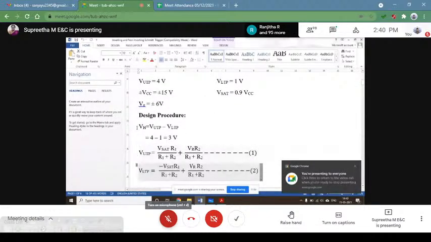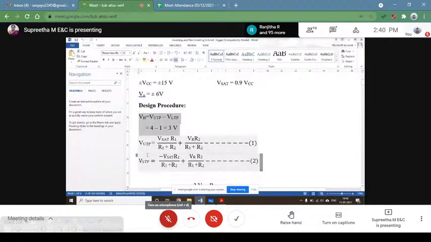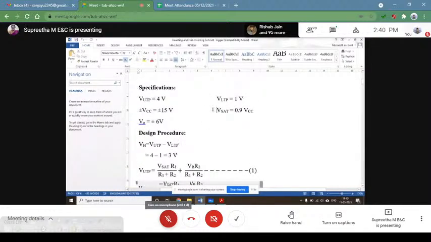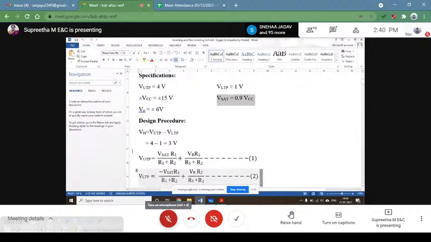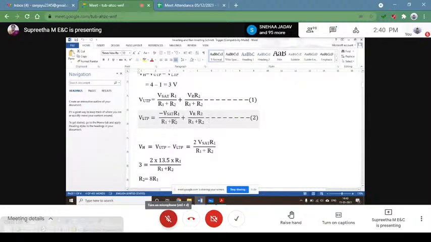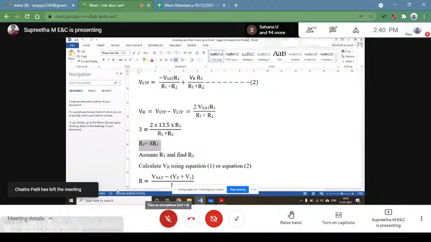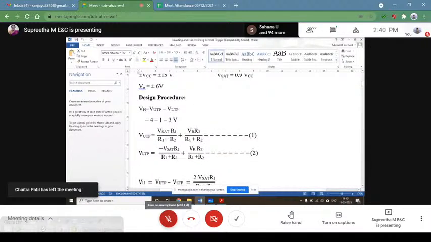So now you know VUTP, VLTP and VSAT. Knowing them, can you get the relationship between R1 and R2? Once you get the relationship between R1 and R2, assume any one and find the other.